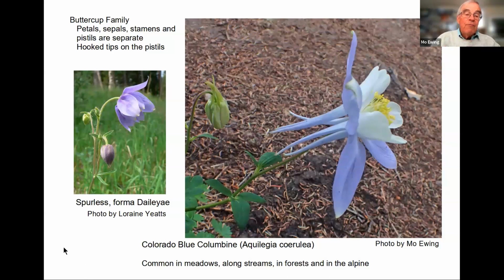And this is called the forma daileyae. Interesting, I don't know of any other plant that, rather than calling it a variety or subspecies, it's called a forma.